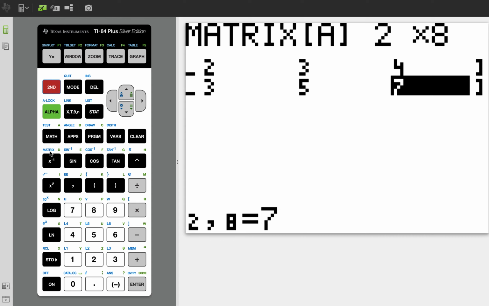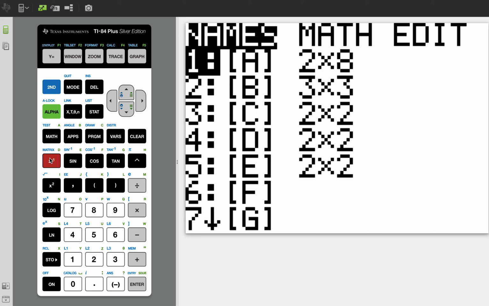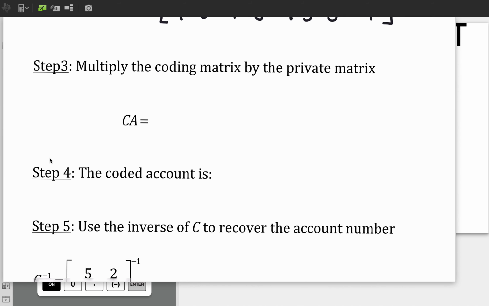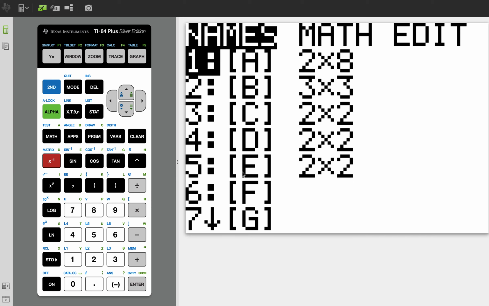All right, now let's exit out, and we're going to multiply the two together to see what we get. So go into the matrix here, and we're going to multiply C times A, C times A, to see what we get.